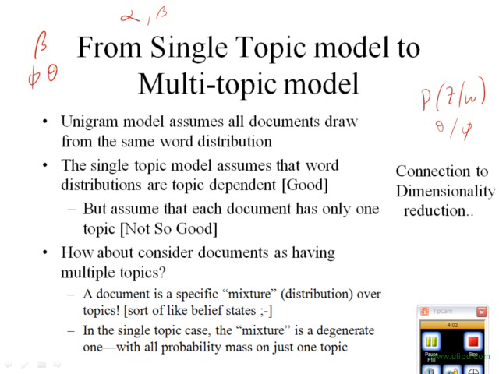Going back to what we were discussing last time, we had this progression of ideas. The unigram model assumes that all documents are drawn from the same word distribution. The single topic model assumes that word distributions are topic dependent, which is good, except that it also assumes that each document has only one topic.